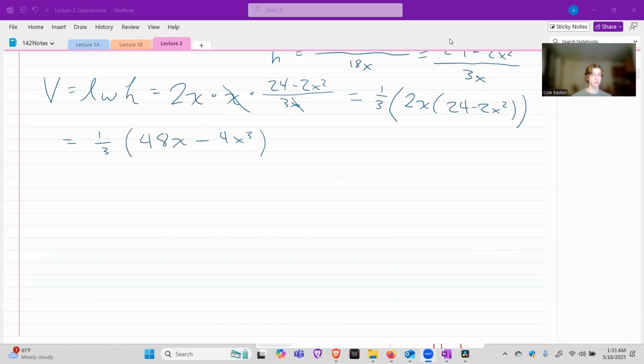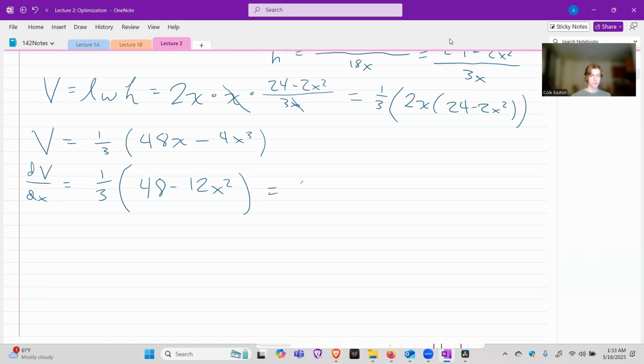So now we want to take the derivative of this. So that's going to be 1/3, it's just a constant being multiplied, so we can keep that out front, times 48 minus, pull that 3 down, we're going to get 12x squared. Actually, let's definitely not say equals right there. We want to say that dV/dx equals this.